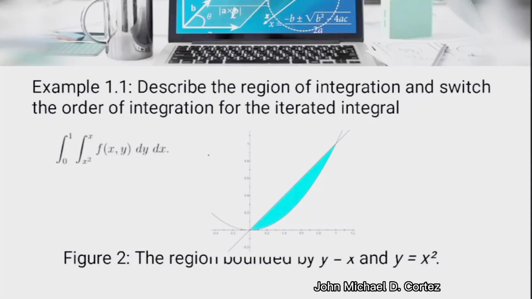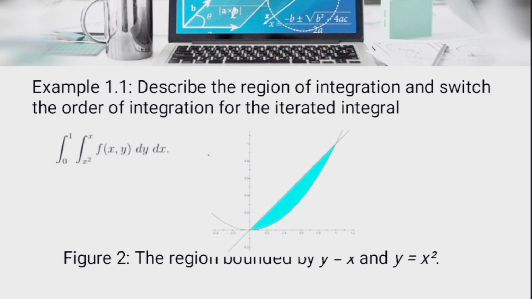For our example 1.1, describe the region of integration and switch the order of integration for the iterated integral. This figure here, Figure 2, shows the region bounded by y equals x and y equals x squared.